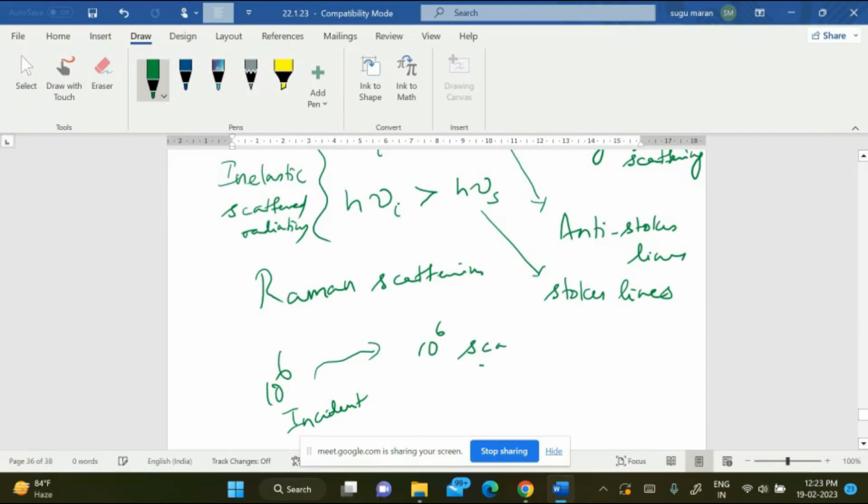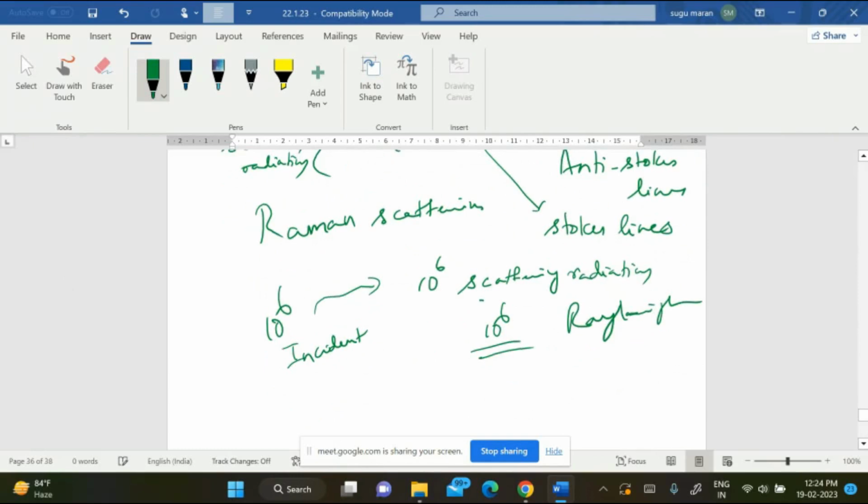Assume that if I have 1 million incident lines, I have 1 million scattered lines, because I'm approximating other things, absorption, refraction, as zero and not considering them at all. Out of 1 million scattered radiation, almost 1 million will be Rayleigh scattering. Only some 6 scattered lines will be Raman scattering.